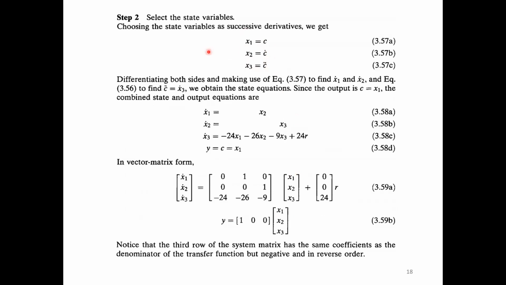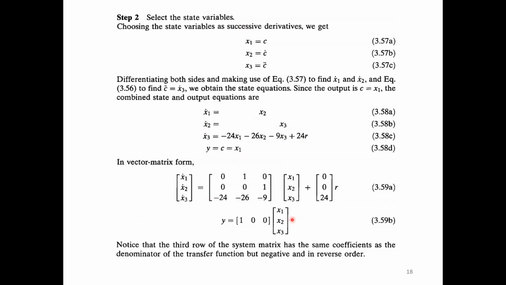Choosing the state variables as successive derivatives: x1 is C, x2 is C dot, x3 is C double dot. And now differentiate both. Differentiating x1 means x1 dot, which is equal to x2. And x2 dot is equal to x3. Like this the equation will come. Then y is equal to c is equal to x1.